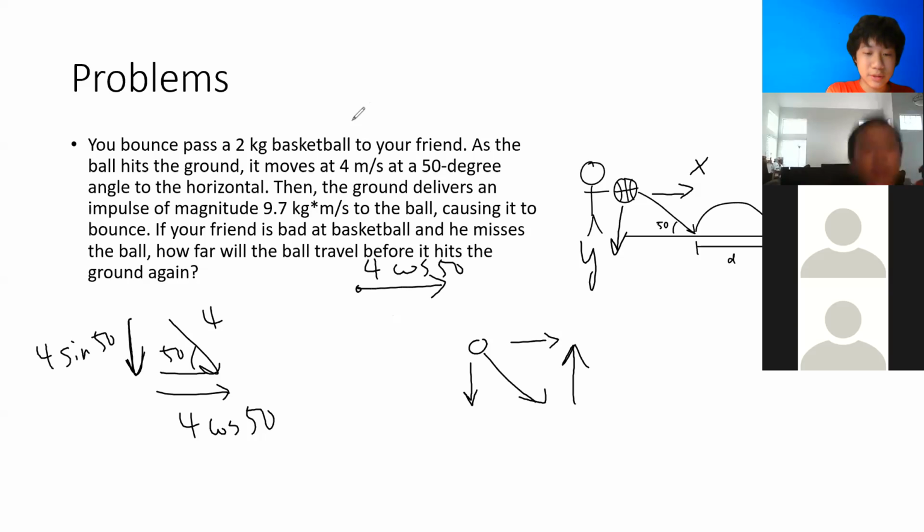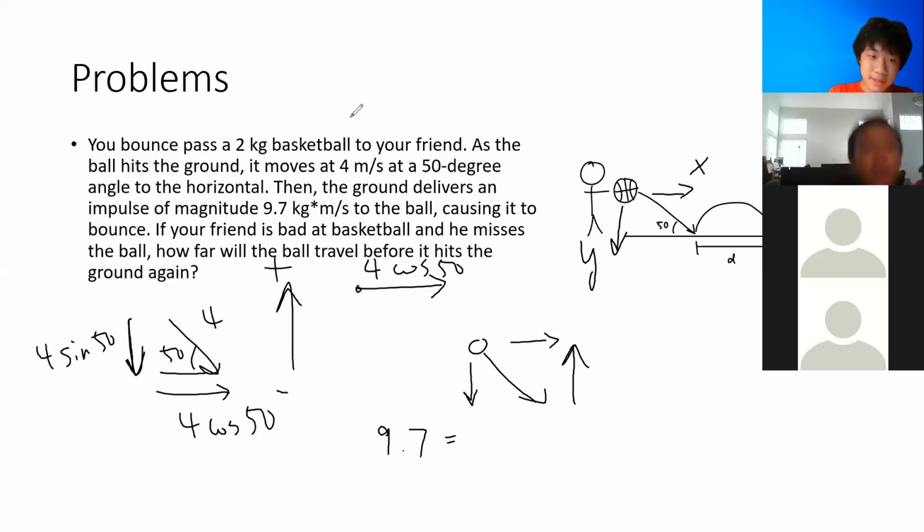So what we can do is we can do impulse 9.7 equals. Well, first we need to define positive and negative directions. Once again, let's just say upward is positive, downward is negative. So the force is going to be upward. So the impulse is upward too.